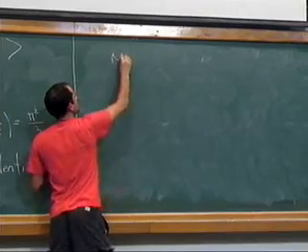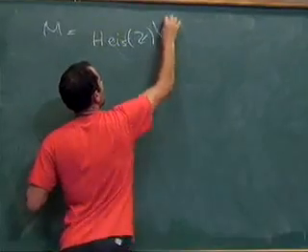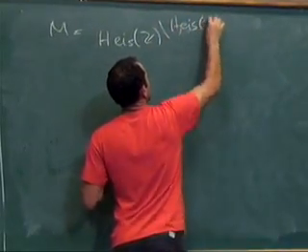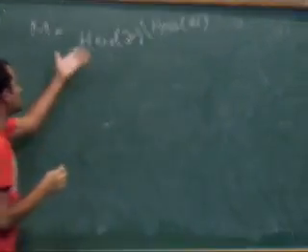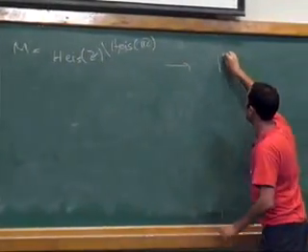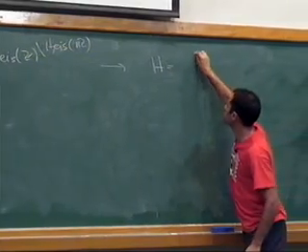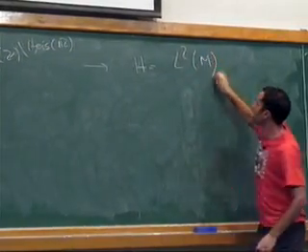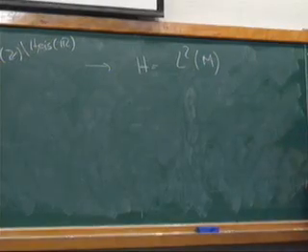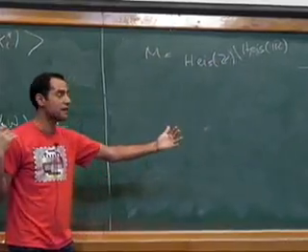So let's just take this M to be the Heisenberg group. If we wanted to do quantum mechanics on this manifold, our Hilbert space would be just L2 of this manifold M. If you want to do string theory, well, then there's the infinite dimensional part.